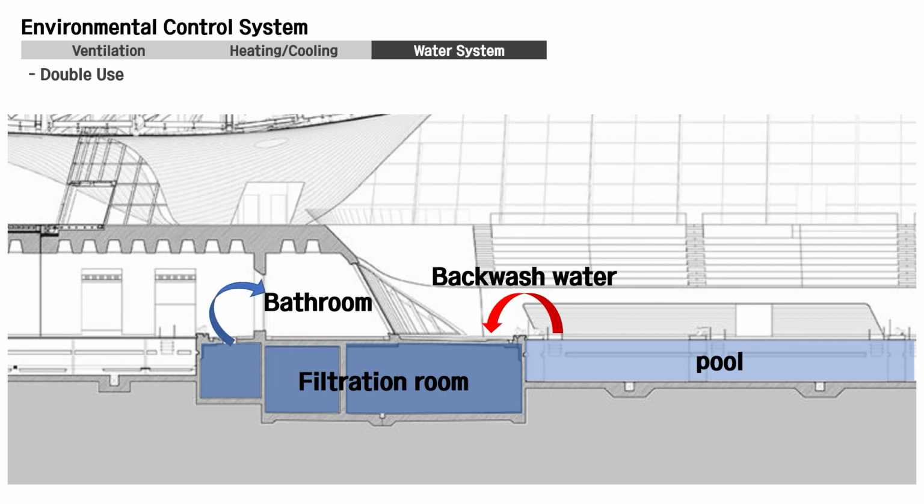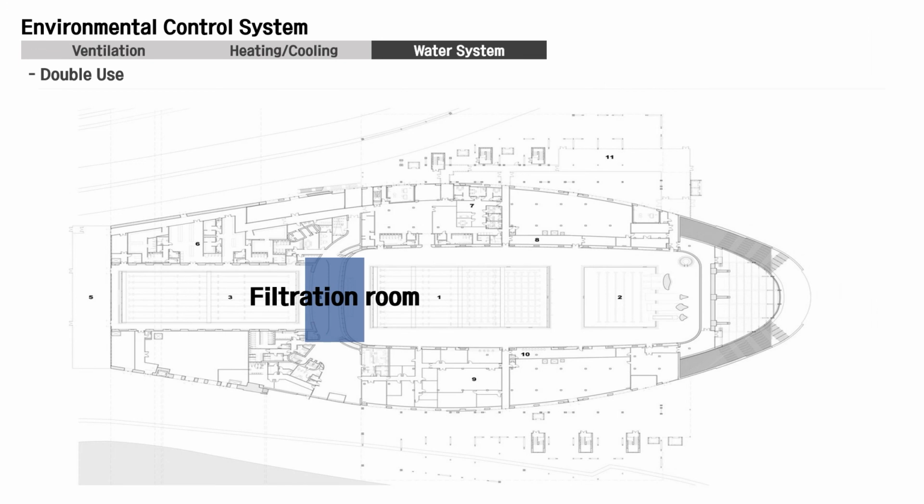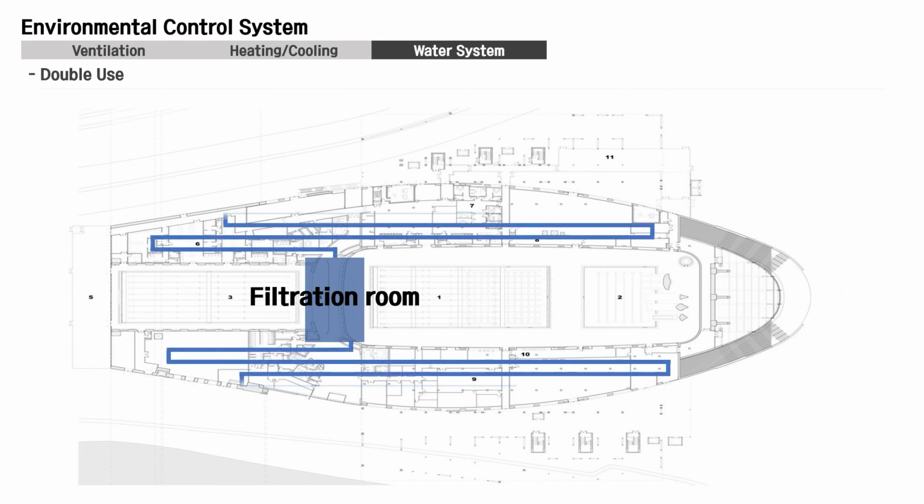Finally, the room redistributes the water. As mentioned, the filtration room, located at the center, supplies the recovered water through enlarged pipes to each space which needs the water.